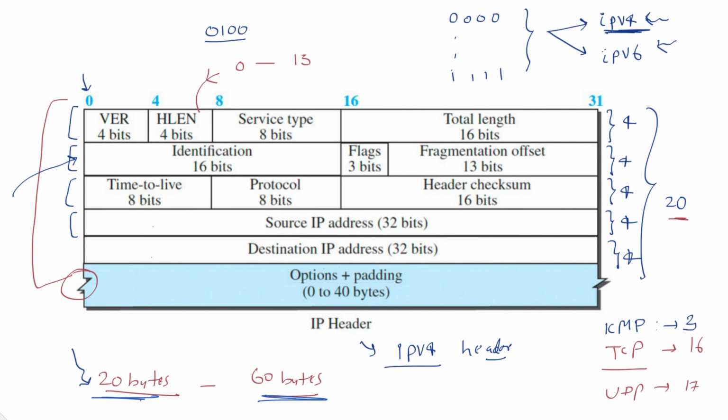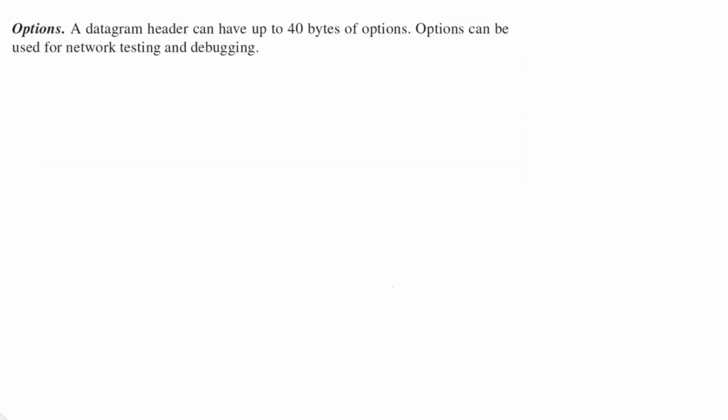Now the last field is options, and we will not use it, so we will not be studying it. A datagram header can have up to 40 bytes of options, and options can be used for network testing and debugging. This is not what we are going to study, and these details are also not given in the textbooks because they are relevant only when we are very specific to IT and networking administration jobs, but not in general study.